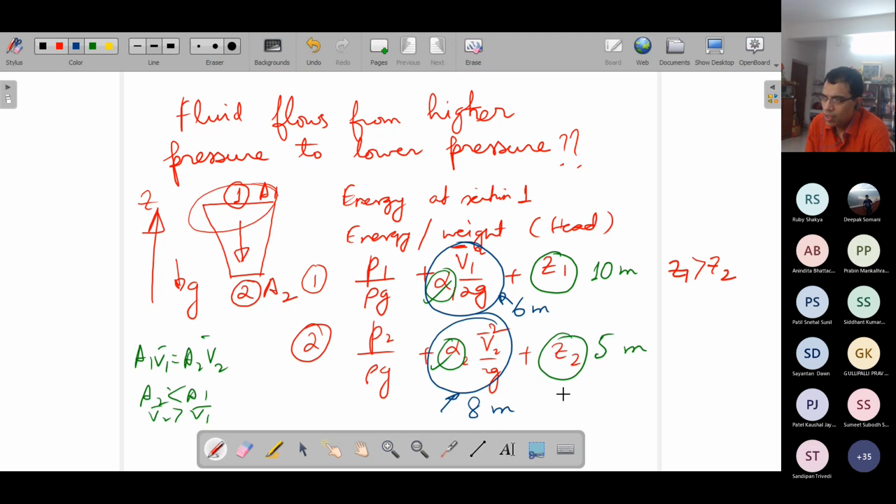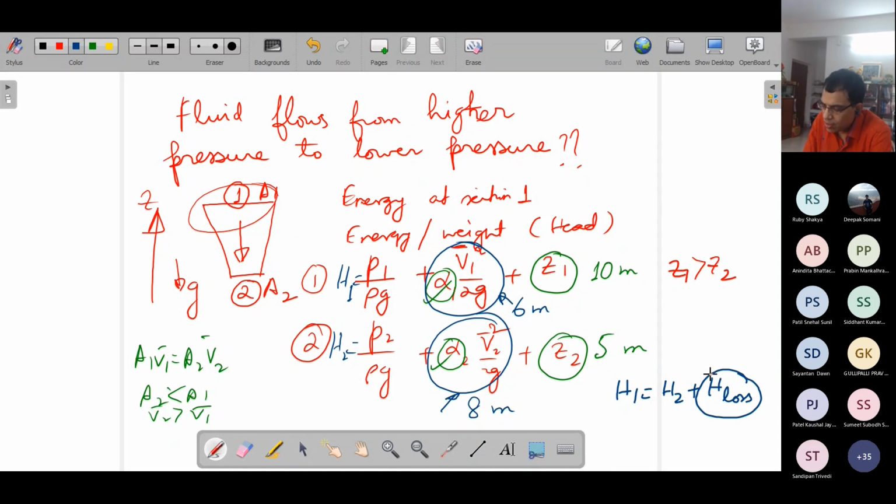So now we will have say this is head at 1, this is head at 2. So head at 1 is equal to head at 2 plus head loss. This is what we can simply say. The Bernoulli's equation doesn't accommodate any loss because it doesn't accommodate viscous effect.